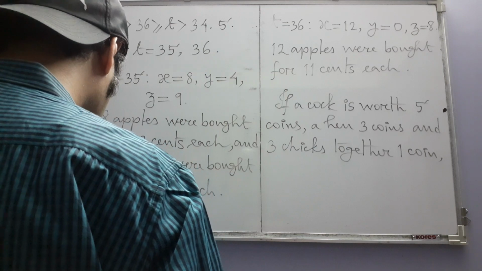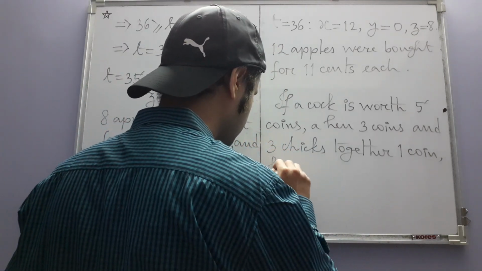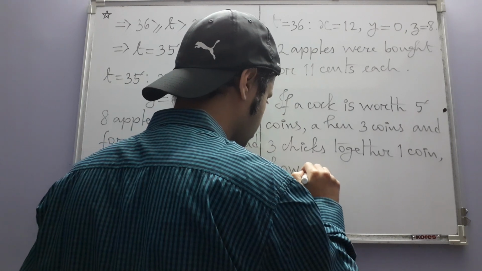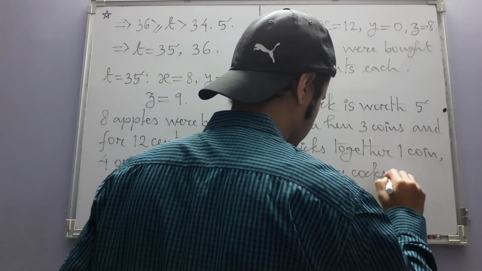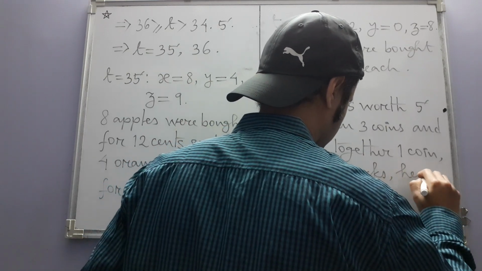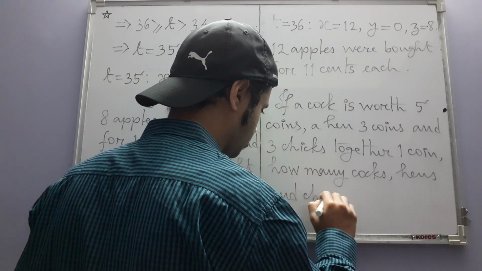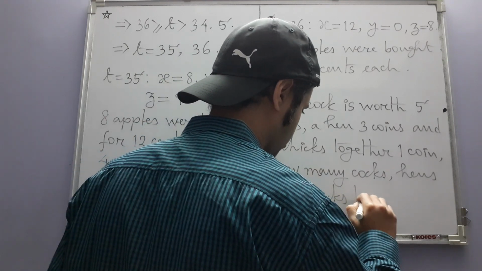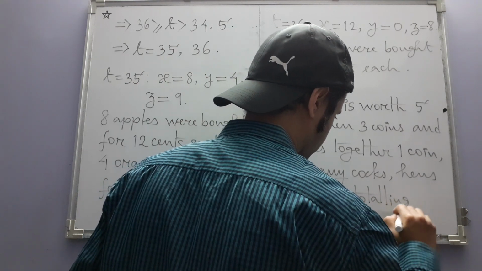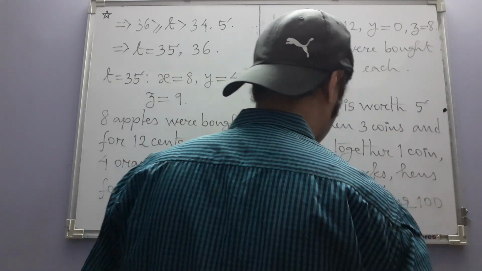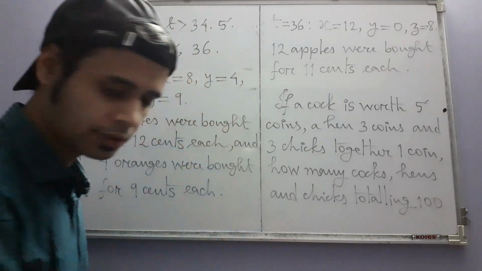How many cocks, hens and chicks totaling 100 can be bought for 100 coins?